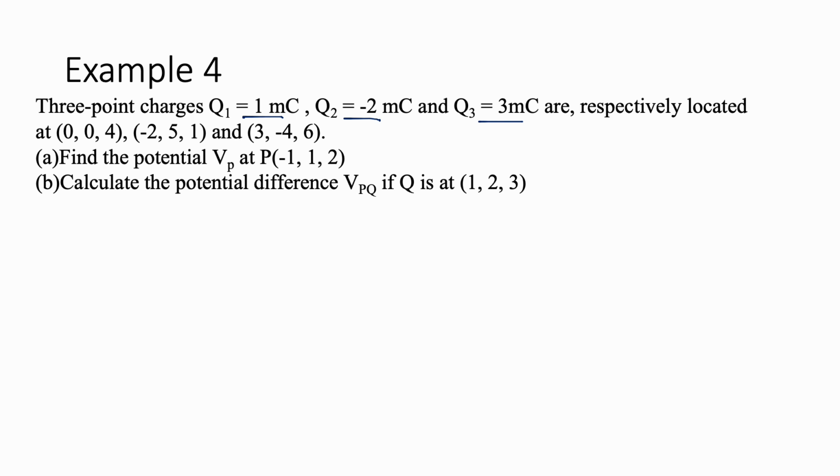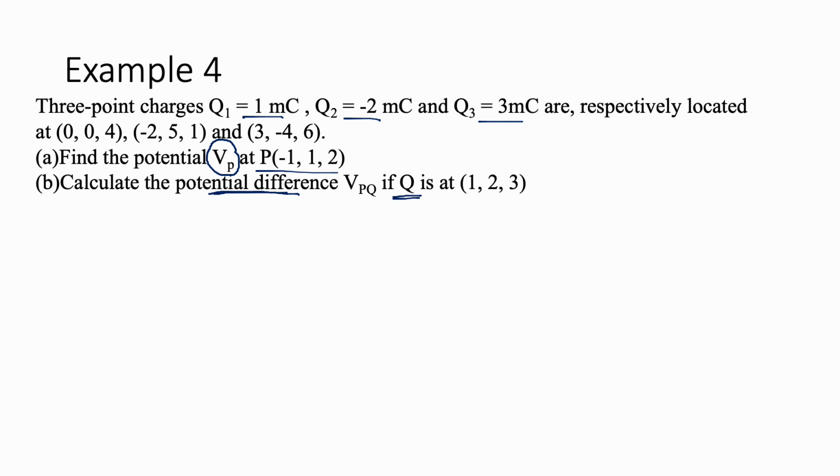We need to find the potential Vp at P, which is (-1, 1, 2). That is the first question. The second question asks us to calculate the potential difference, because we have another point, point Q, given at (1, 2, 3).